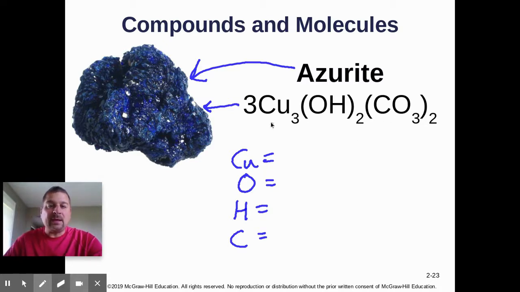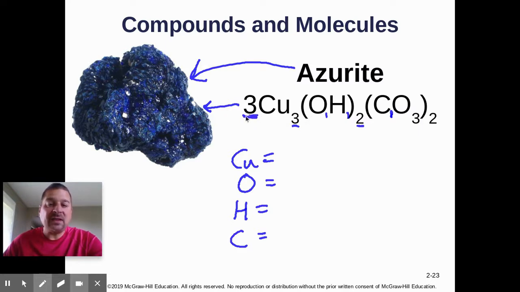Now, these little numbers here are called subscripts. If there is no subscript, like the O and the H and the C right here, it's just assumed to be one. These tell us how many of the atoms.